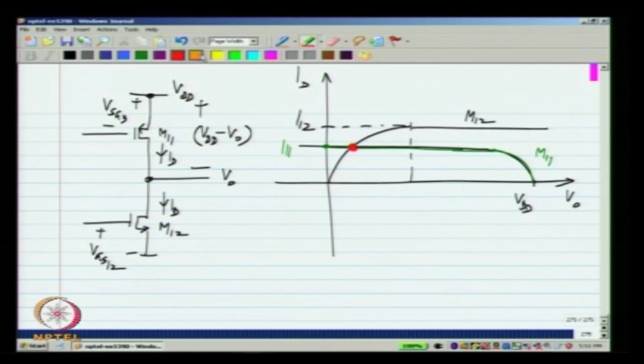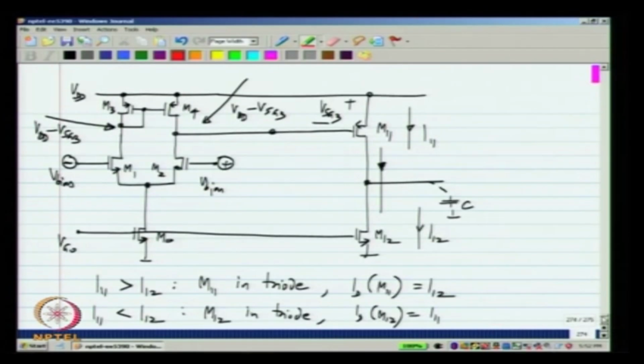Similarly, if M11's characteristic happens to be something like that, that is I11 happens to be more than I12, then M11 will go into triode region. So, one of these two will be in triode region if I11 is not equal to I12.